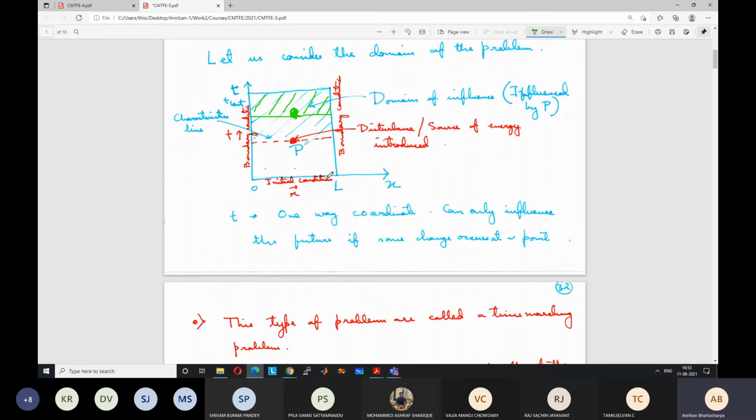Below this characteristic line, we cannot influence the solution. Obviously, the characteristic line will depend on where the perturbation is done. In this case, the characteristic line is this. If I use the perturbation here, this characteristic line is this. So it is a demarcation in time, but there is no differentiation in the space direction.